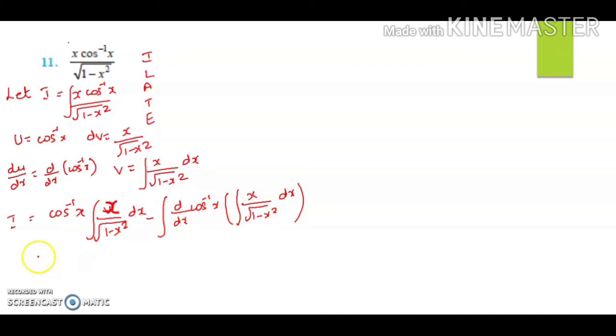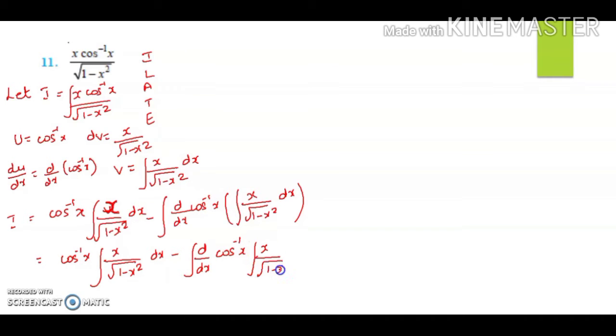So this is equal to cos inverse of x integral x divided by square root of 1 minus x square dx minus integral d by dx cos inverse of x integral x divided by square root of 1 minus x square into dx. Now here we are having 1 minus x square under root.